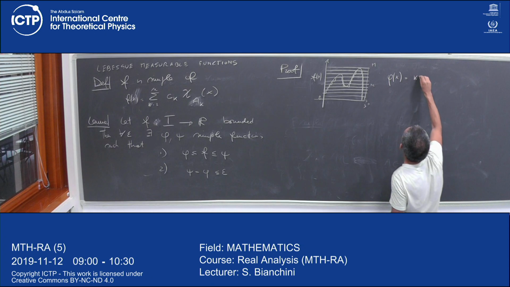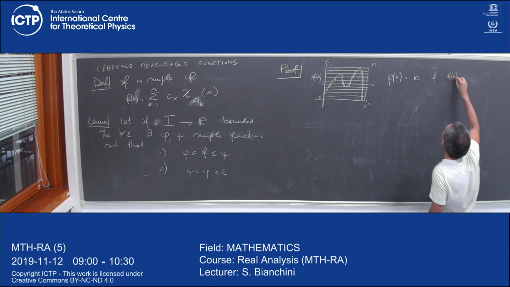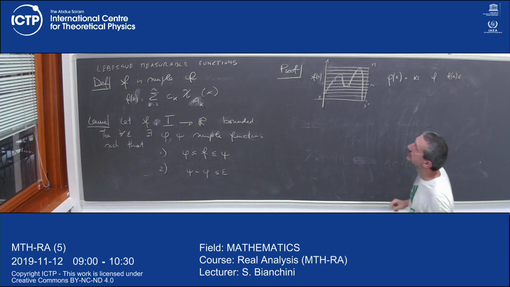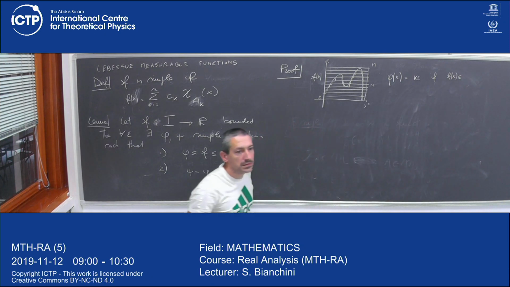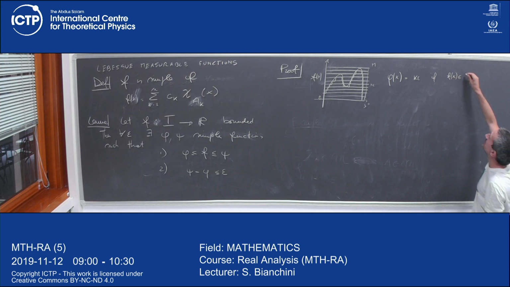So it's equal to k epsilon if f of x is in k epsilon, k plus 1 epsilon. Now we have to decide which one to close, because we want something disjoint. So let's close this one: k epsilon, k plus 1 epsilon.